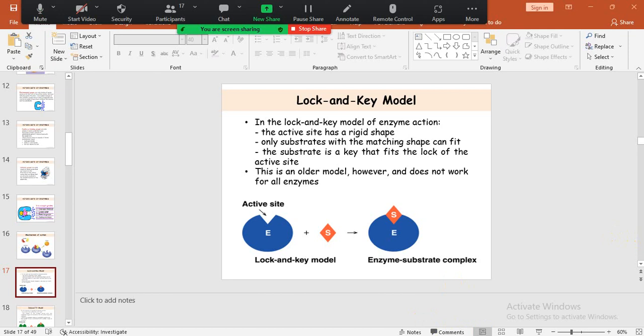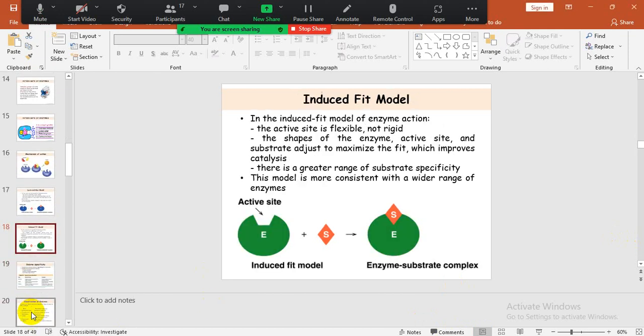Okay, so let's go to the next model, the induced fit model. With the induced fit model, this is the enzyme, but you can see that the shape of the active site is different from the shape of the substrate. A substrate is what?